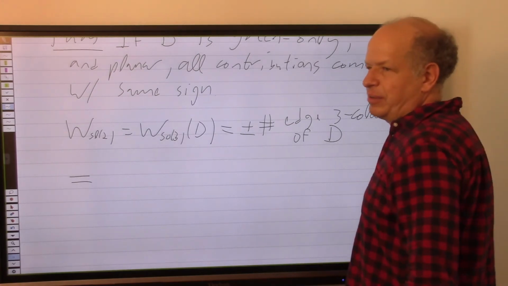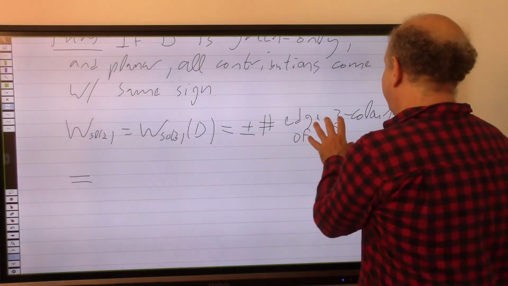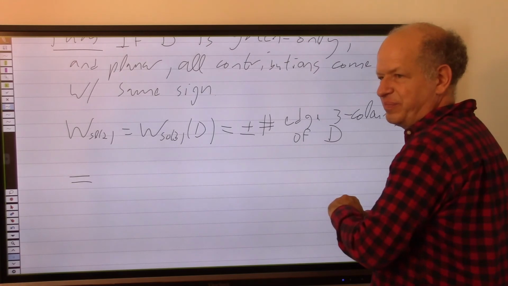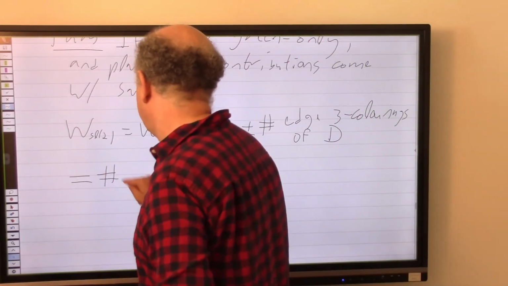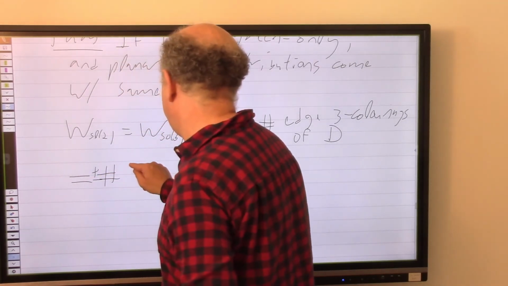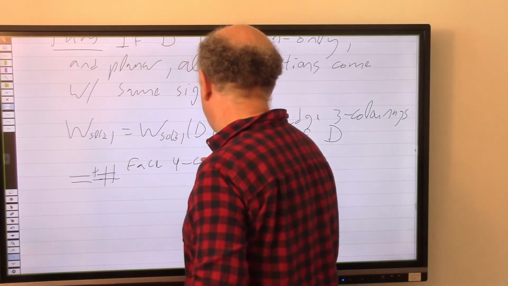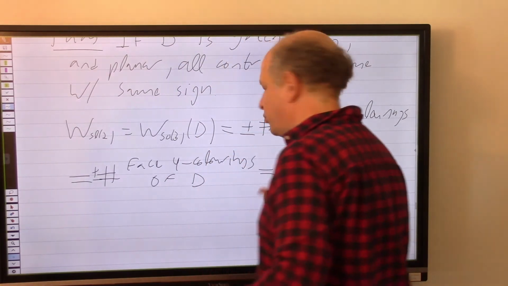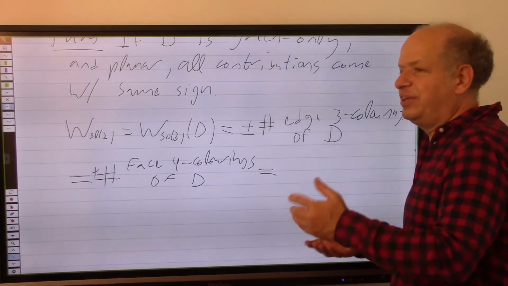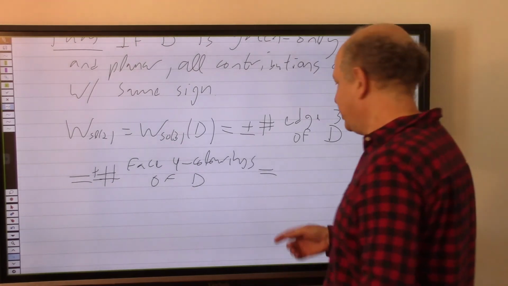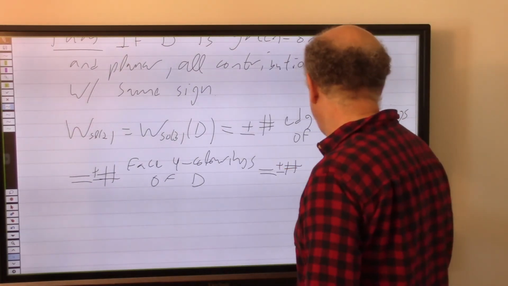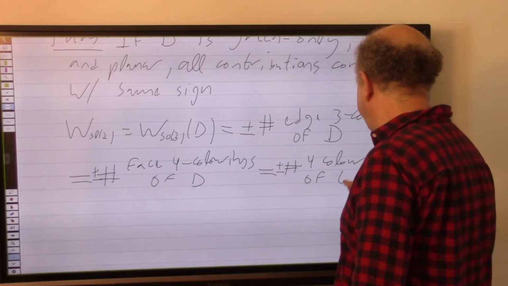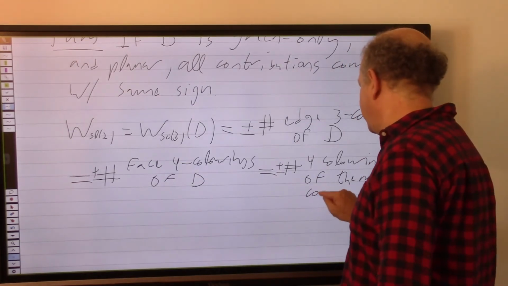But a well-known theorem from graph theory says that the number of edge 3 colorings is equal to, or plus or minus, the number of face 4 colorings of D, which is really the number of 4 colorings of the map defined by the complement of D.